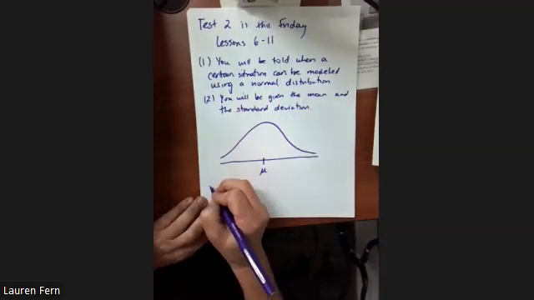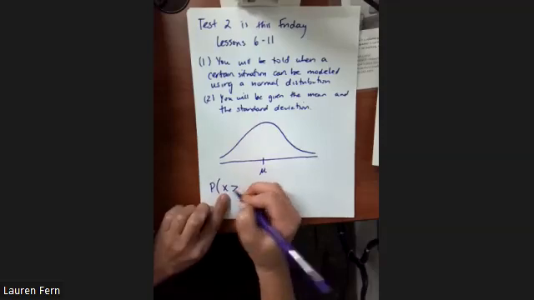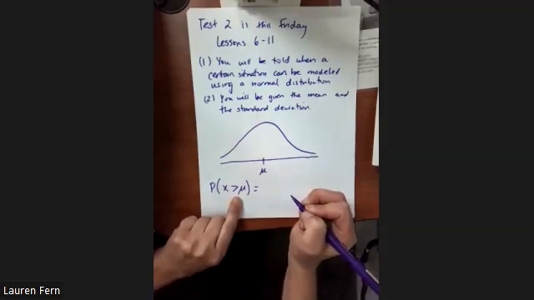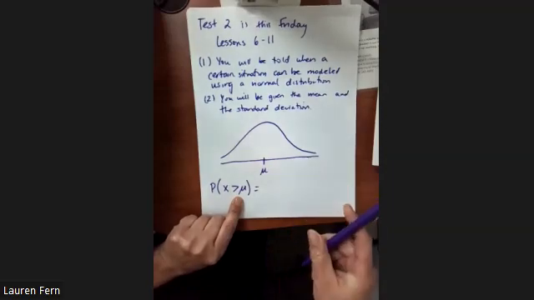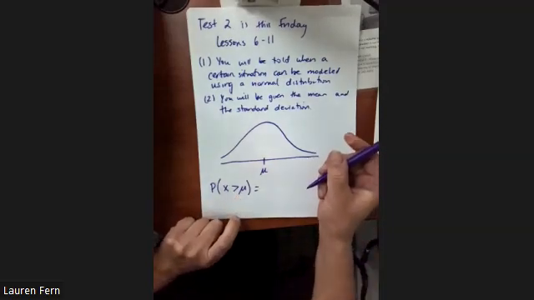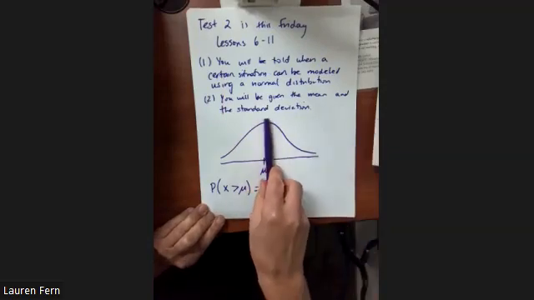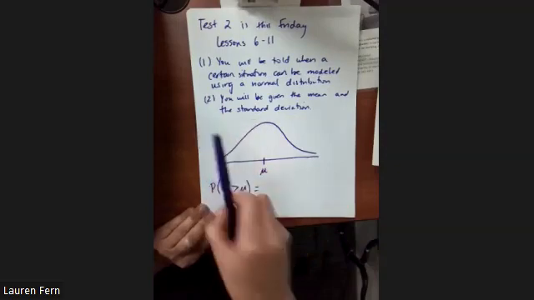One of the things that we mentioned is if we want to find the probability that some random data value is greater than the mean, it might be too early on a Monday morning for me to ask you to tell me what this is. Does anyone remember about the normal distribution what the mean does?